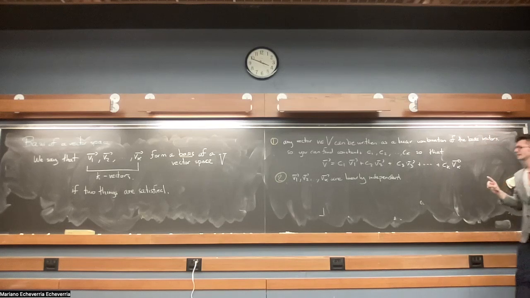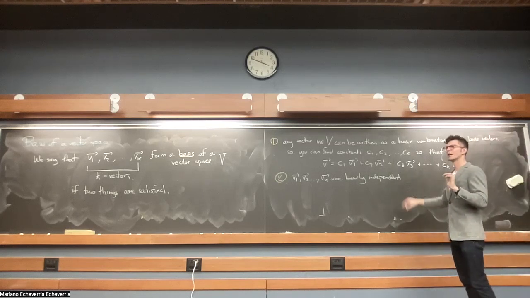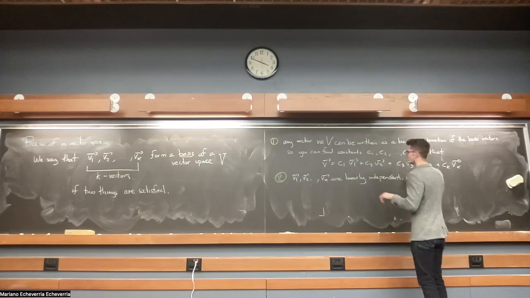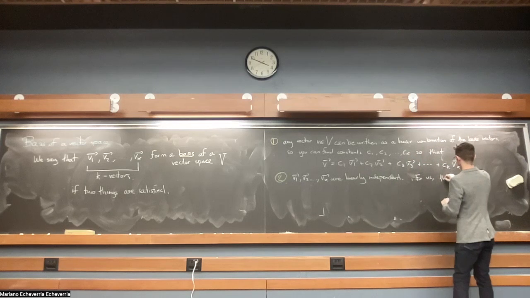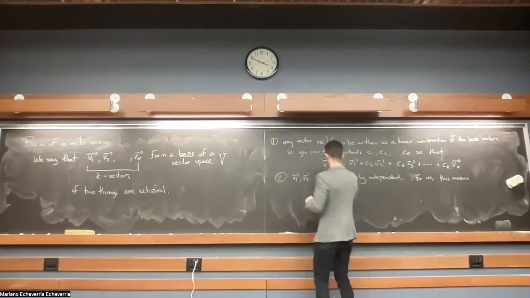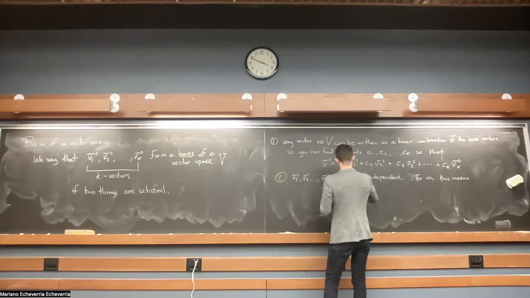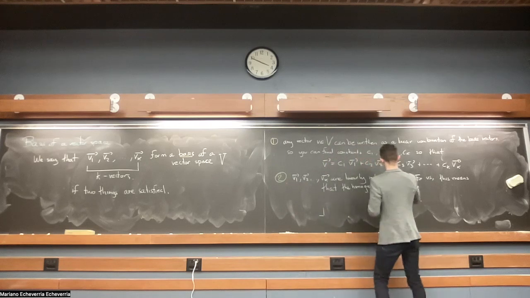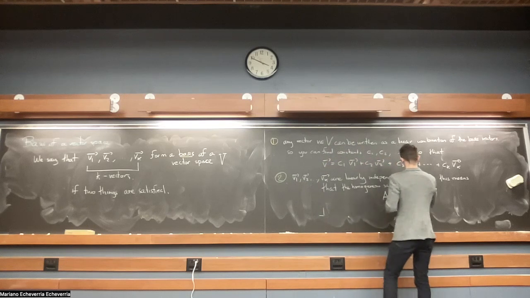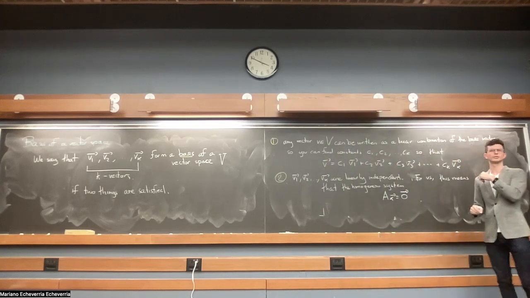The way this works for us is that this means that the homogeneous system AX equals 0 has only the solution, which is the trivial one.